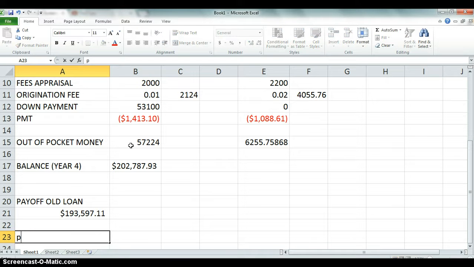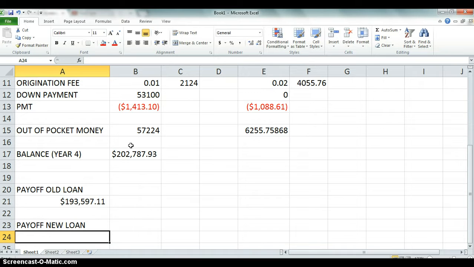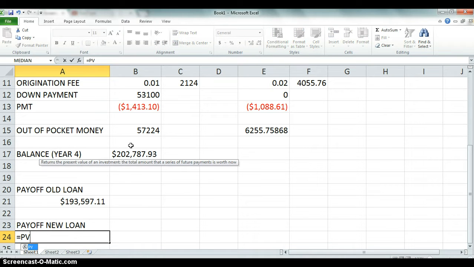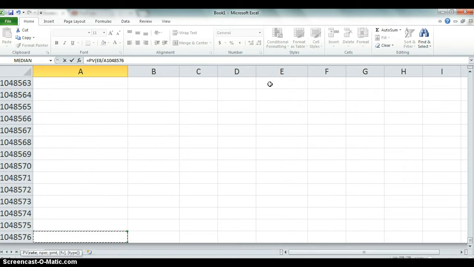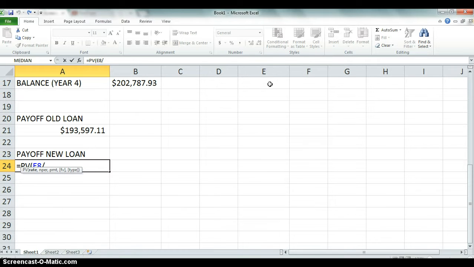Now we're going to do the payoff of the new loan. For the payoff of the new loan, we once again use the present value factor. Now we're going to use the new interest rate divided by 12.